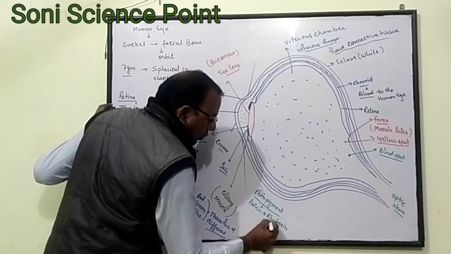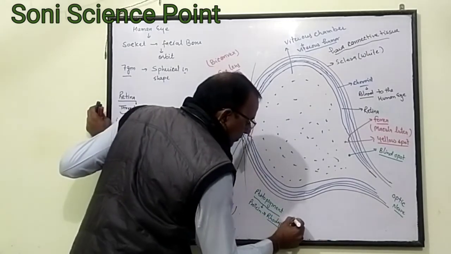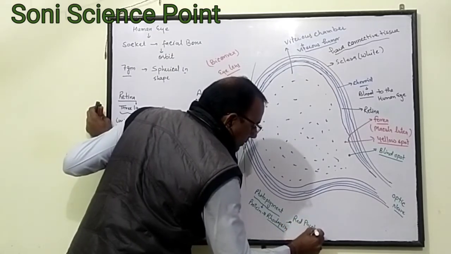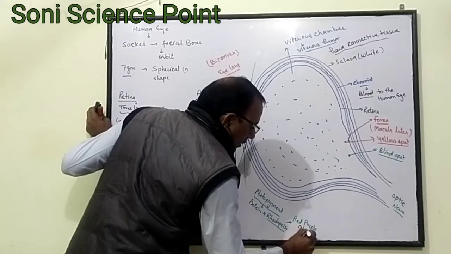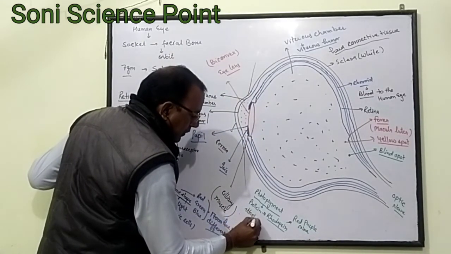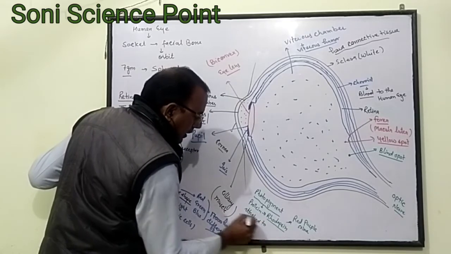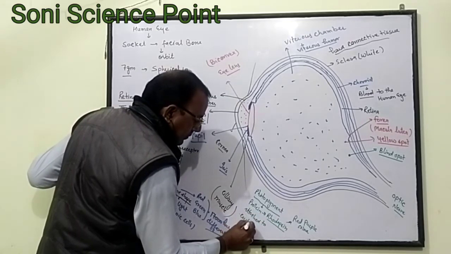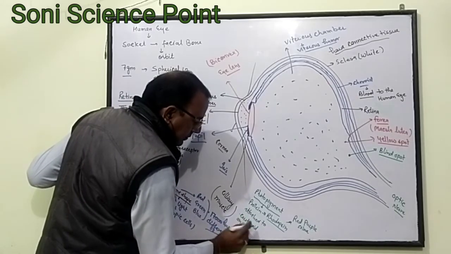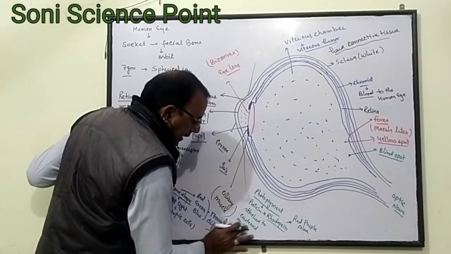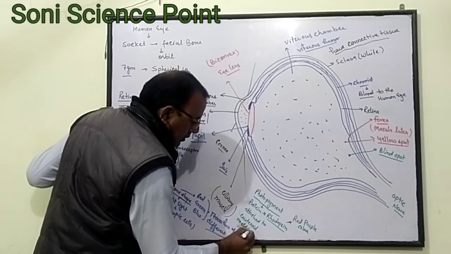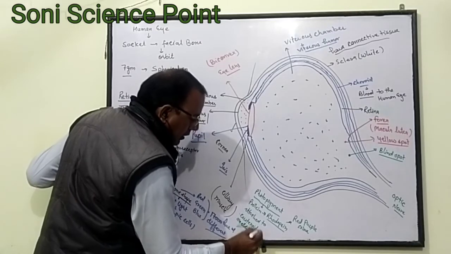Rhodopsin is a red purple color pigment which is attached to a carotenoid, an aldehyde, called retinal.